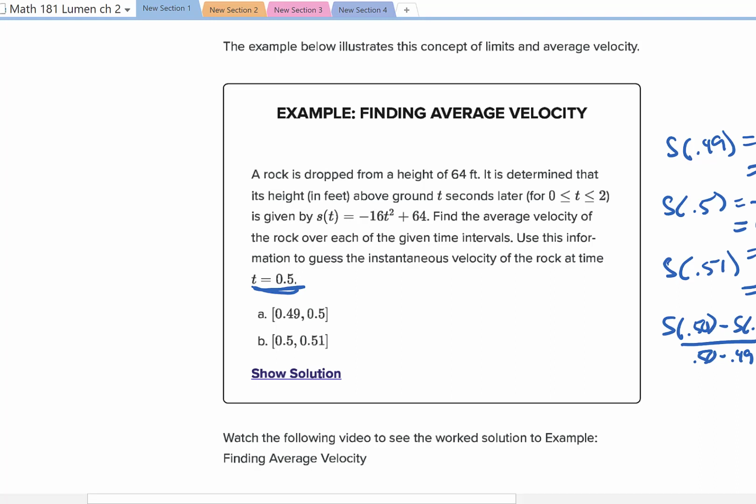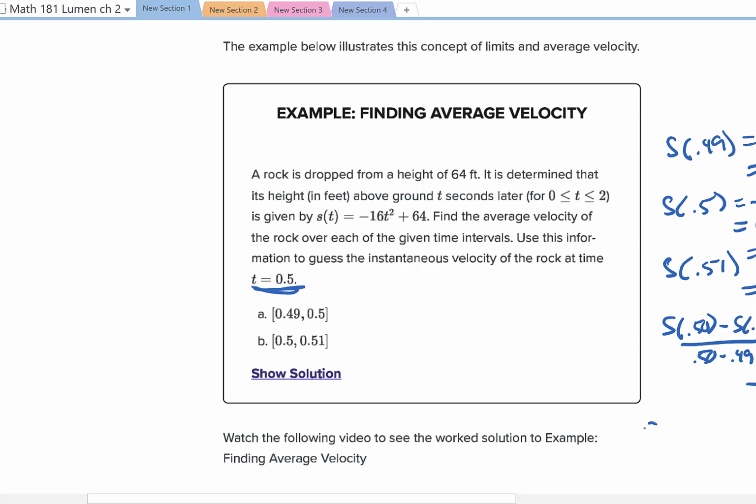That's going to be 60 minus 60.1584 over 0.01, and that's going to give me negative 15.84.